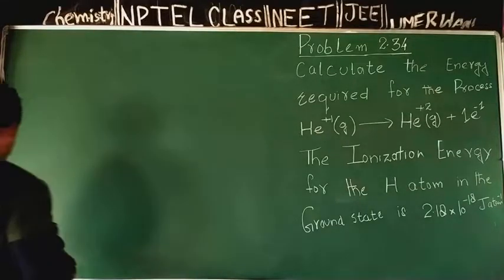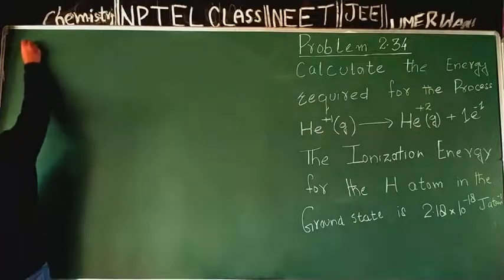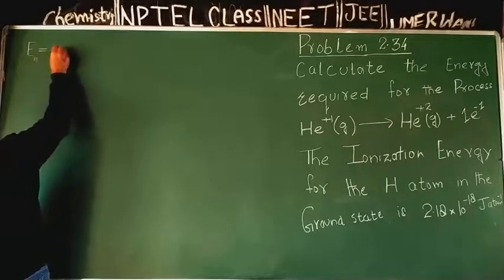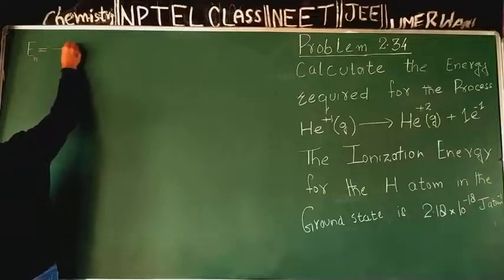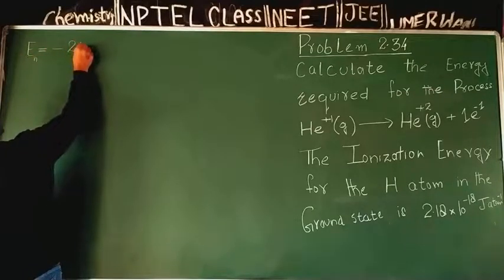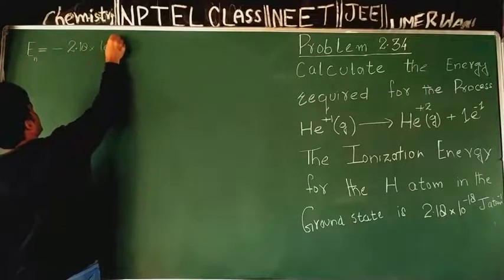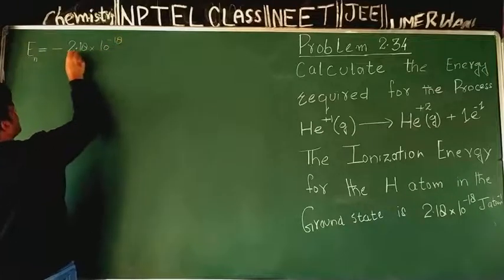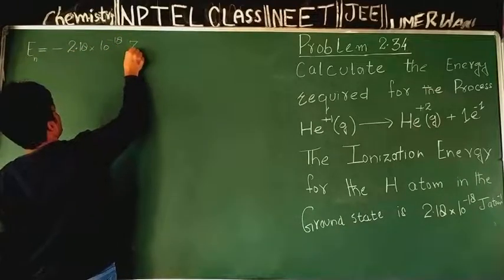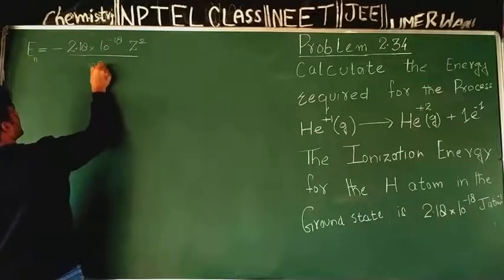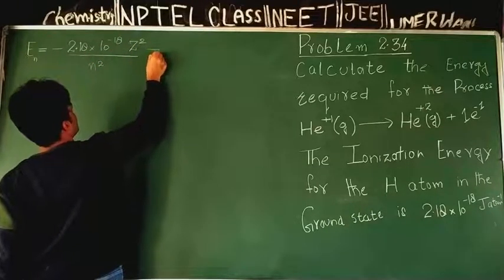Let me write this expression. E, the energy of electron in nth orbit of hydrogen atom, is equal to minus 2.18 into 10 to the power minus 18 Z square divided by n square, and this value is in joules.